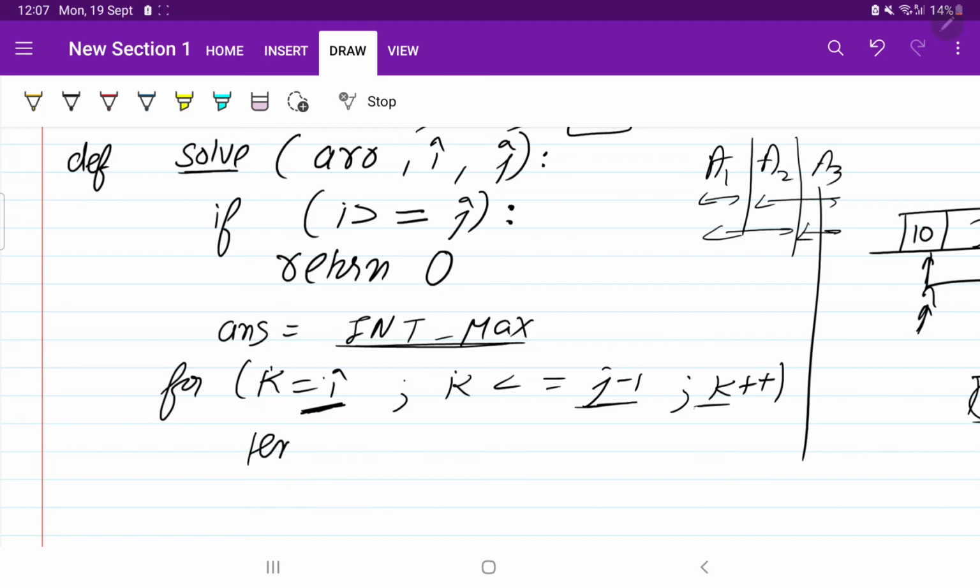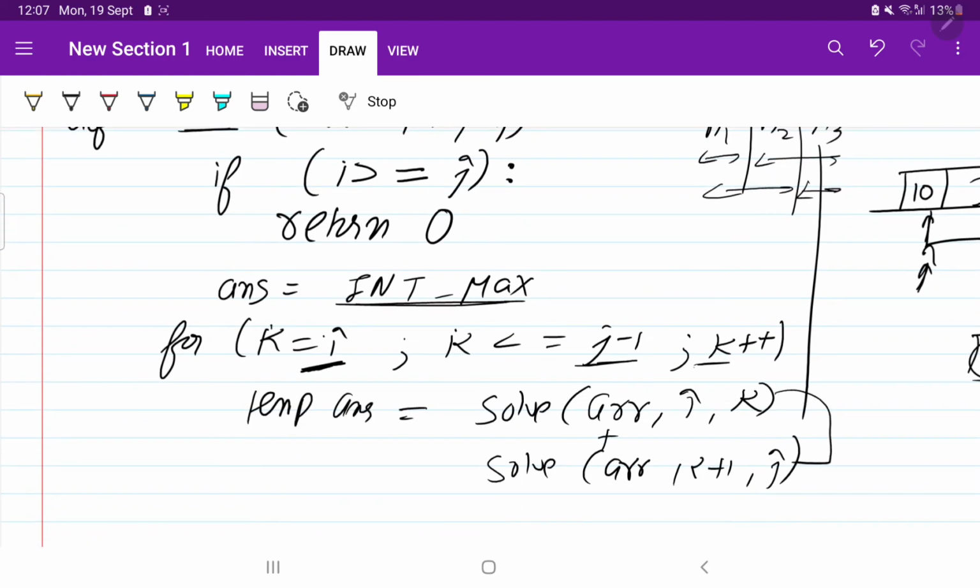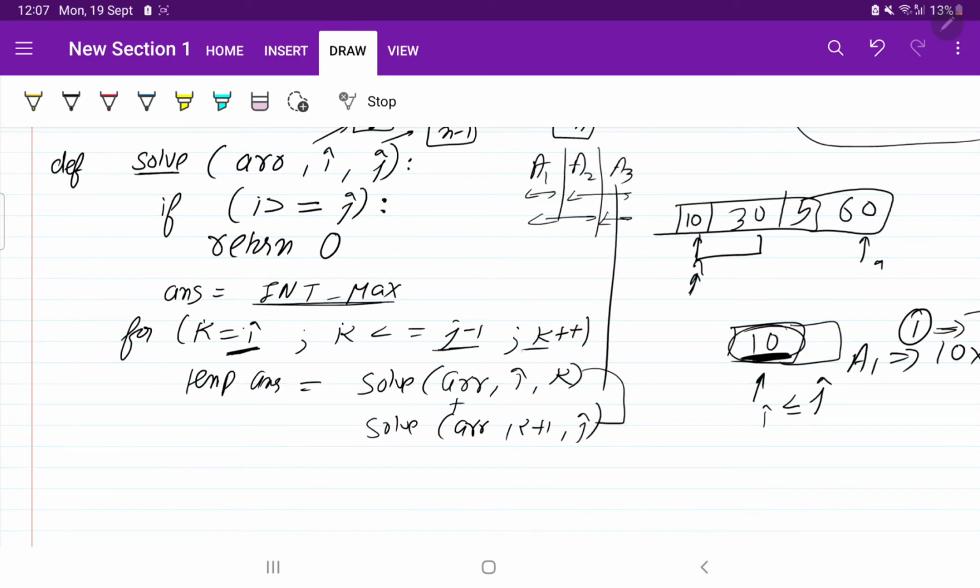Now for the temporary answer, we have to call this function by passing i till k, then call this function by passing from k plus 1 to j. This is done. Let me tell you again what these two functions are doing.